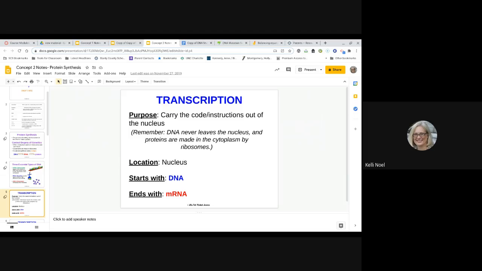The molecules of DNA cannot leave the nucleus. They are too big. Each chromosome has a long string of DNA, and on those strings of DNA are genes, and only certain genes will code for certain proteins. So the copy, or the transcription, of that specific gene is what is going to be put on a messenger RNA so it can leave the nucleus.